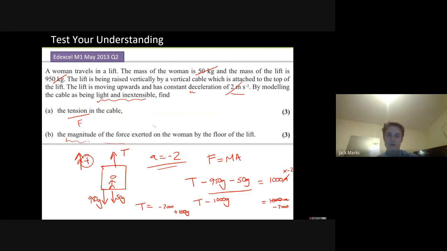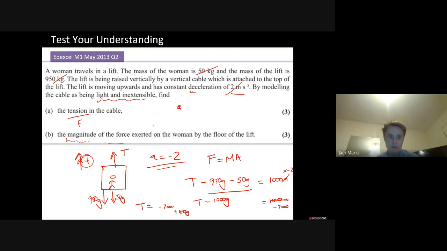Well, the floor is doing to the woman what the woman is doing to the floor. Why? Because these forces need to be equal. Otherwise, the woman will start to float away, or she will start to sink into the floor. Neither thing sounds realistic.